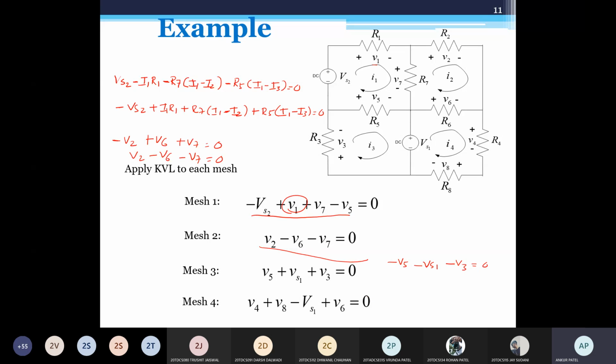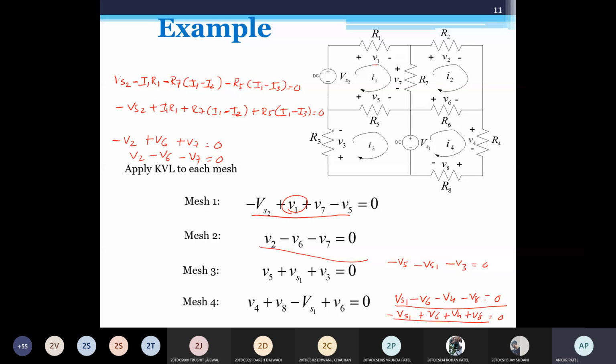And for the fourth, I am traveling negative to positive, so Vs1 positive, then V6, V4 also negative, V8 also negative, equal to 0. Or I can write these equations as minus Vs1 plus V6 plus V4 plus V8 equal to 0. You can keep it like this also.